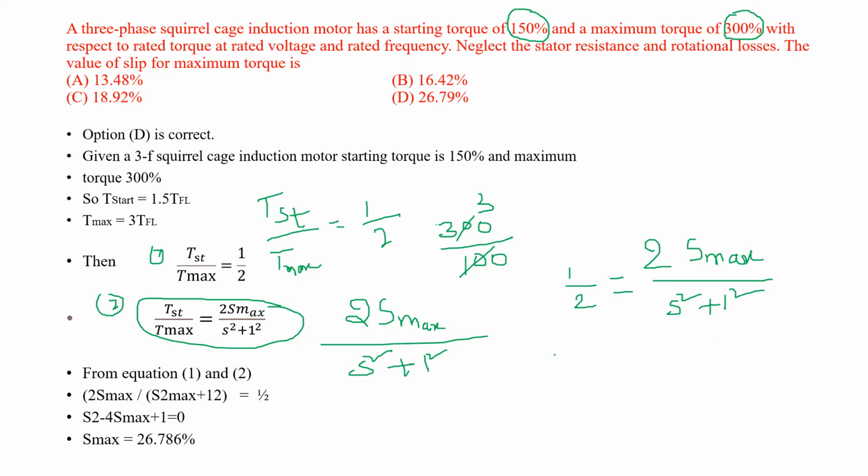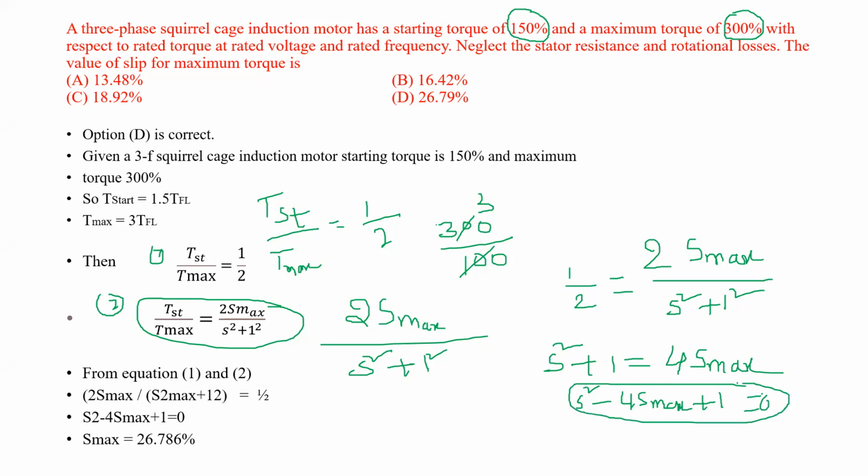So here you can write S square plus 1 is equal to 2 into 2, 4 into S maximum. So S square minus 4S maximum plus 1 is equal to 0. This is a second order equation, so by solving it we can get the S values.